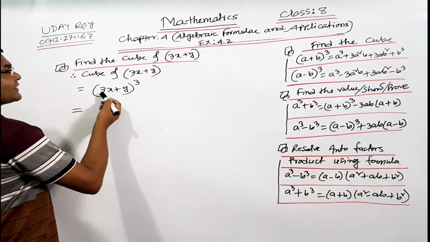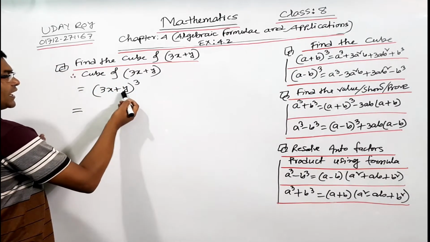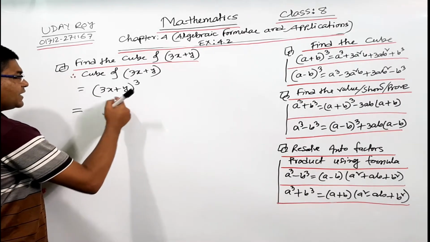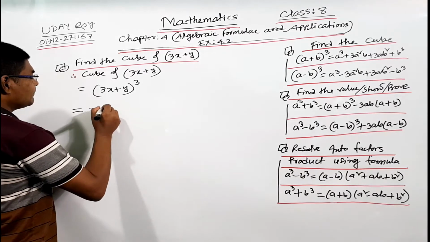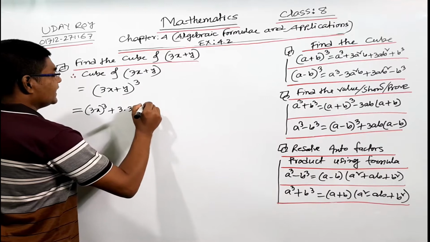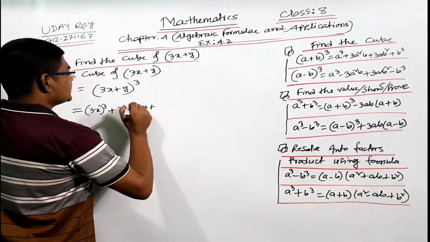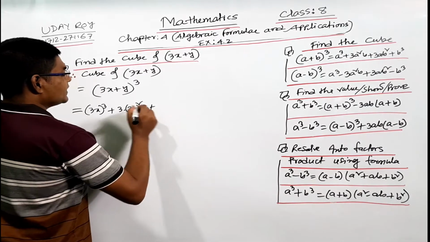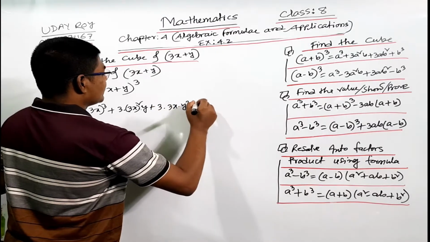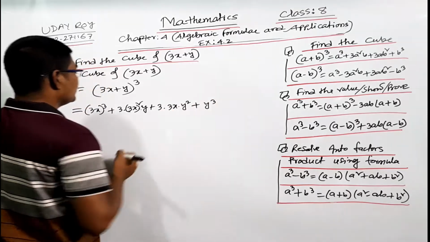So this is a, 3x is the a position, and y is the b position. So (a plus b) whole cube, we will get a cube plus 3a square b plus 3ab square plus b cube. Follow the board.